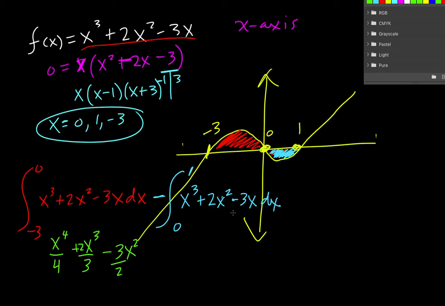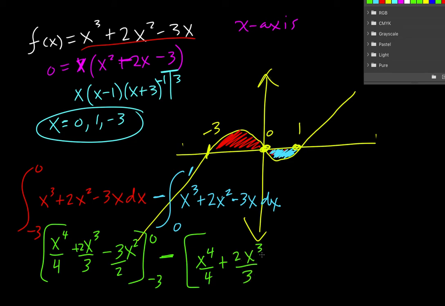And then this will be exactly the same thing, just with different limits. And so it's x to the 4th over 4 plus 2x to the 3rd over 3 minus 3/2 x squared from 0 to 1.